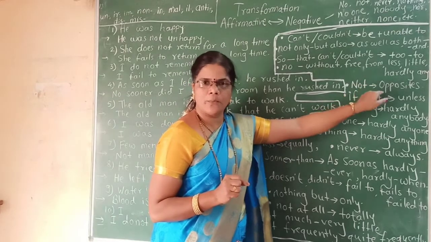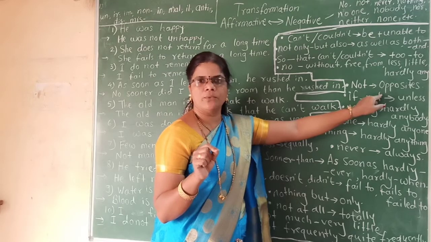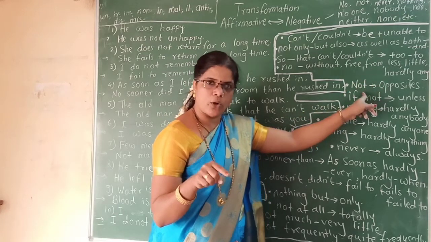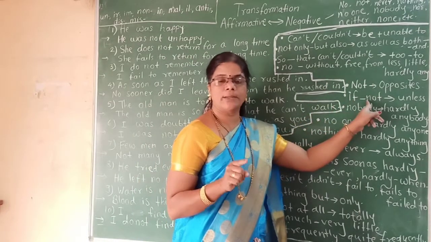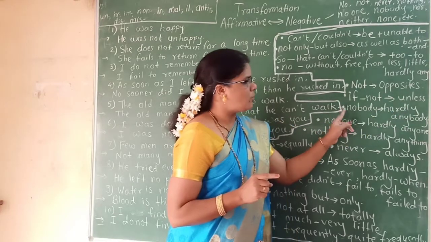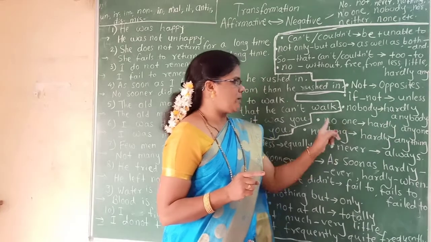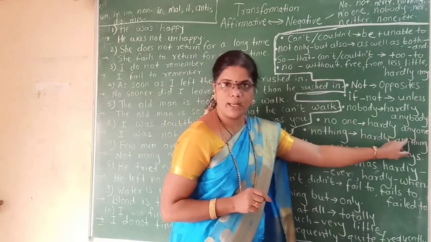If in opposite affirmative any negative word is there, then you can use the opposite, and also not in a negative sentence. Next one, if not in a negative sentence, it should be changed to unless. Then nobody is there in affirmative, hardly anybody. If there's no one in a negative sentence, it should be changed to hardly anyone.